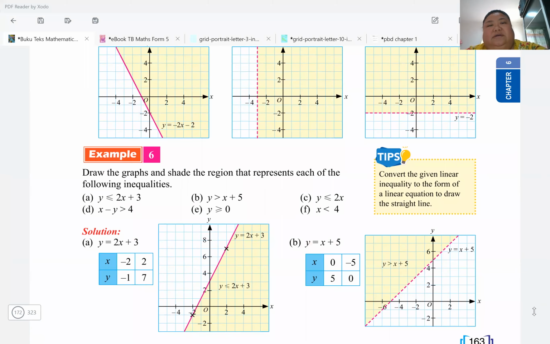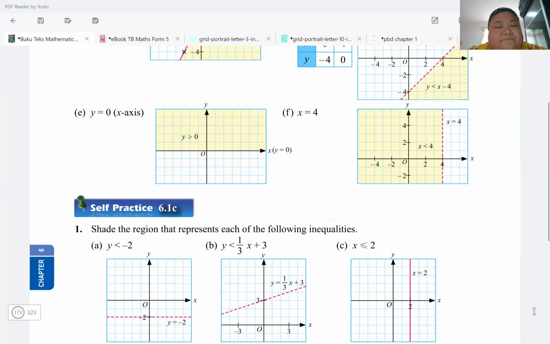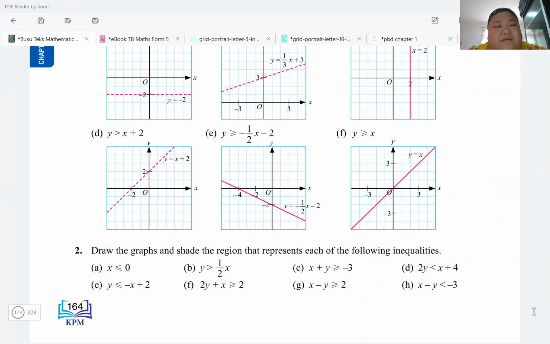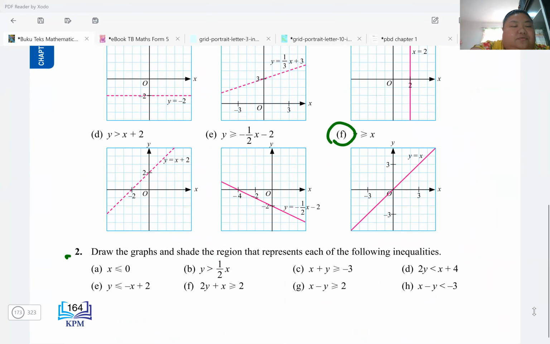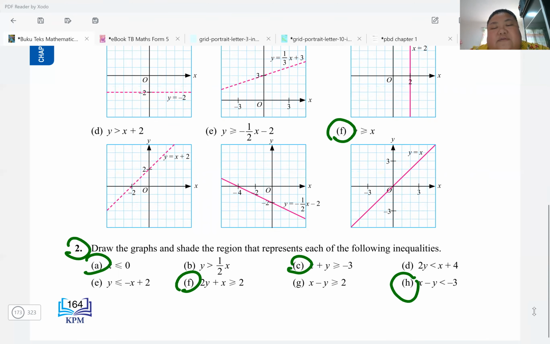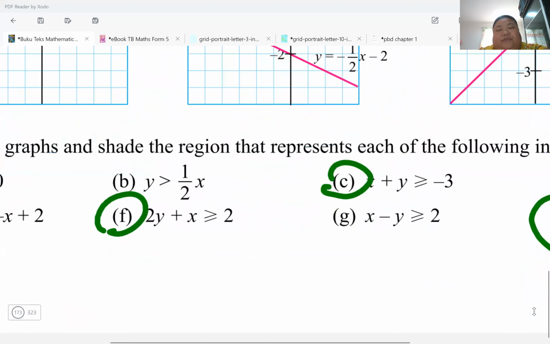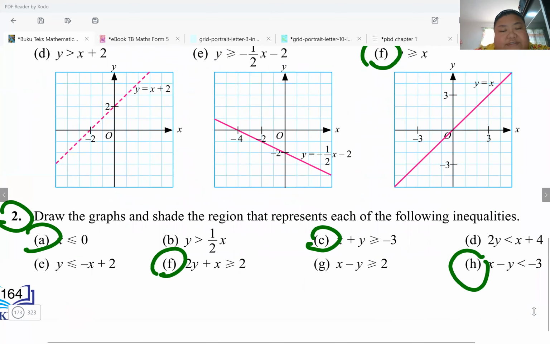Later you can do question 1, B and F. After that, question 2, you can do A, F, C, H.